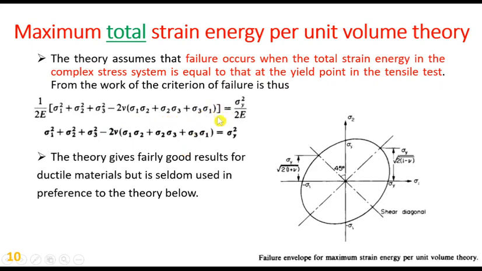So when you equate, this will be the criteria. This theory gives really good results for ductile material, but it is seldom used in preference to the theory below, because the below theory is better than this. This is also good, but the next theory is better.